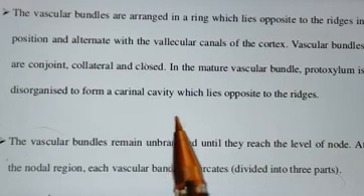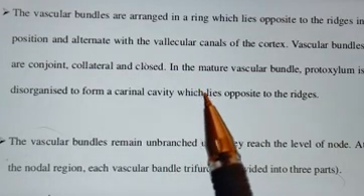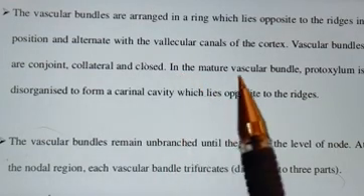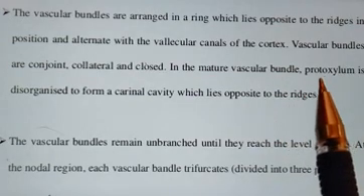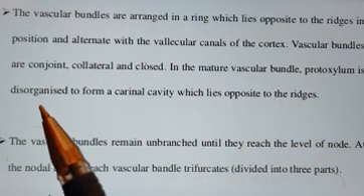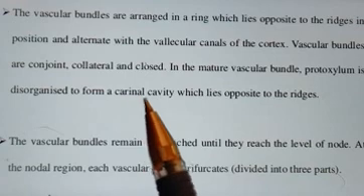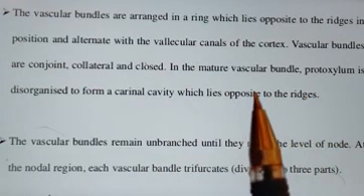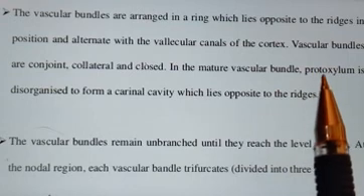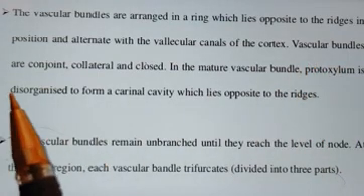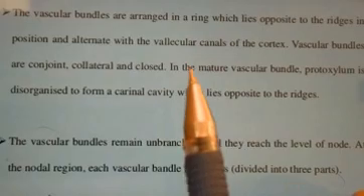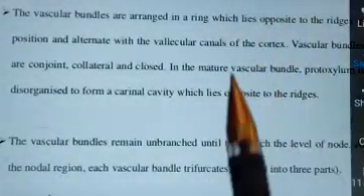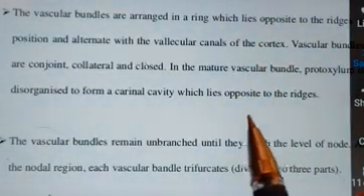In the mature vascular bundles, the protoxylem is disorganized to form the carinal cavity which lies opposite to the ridge.